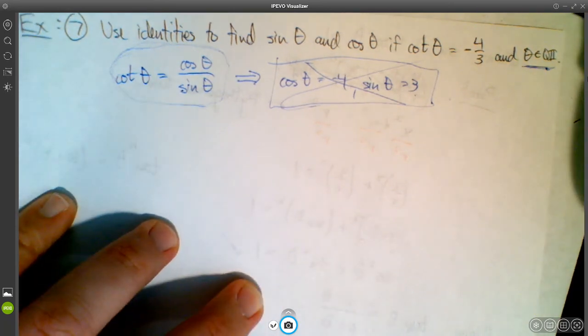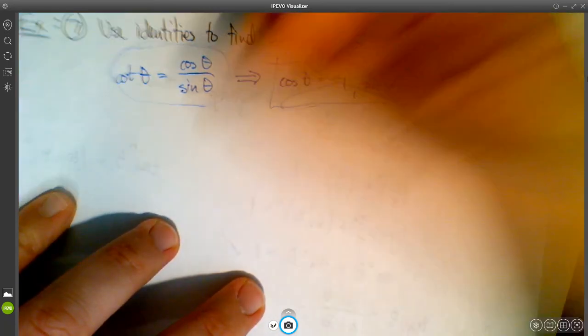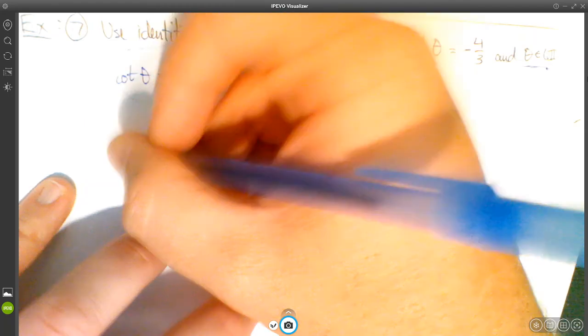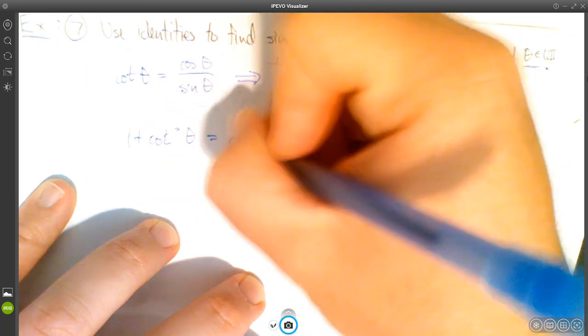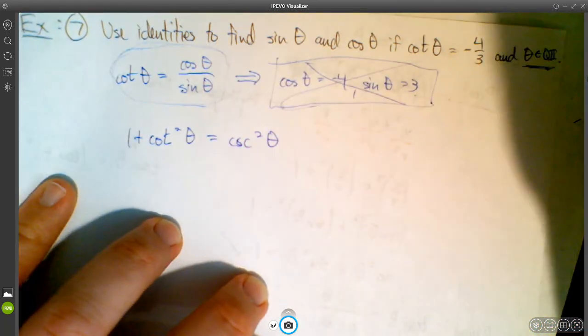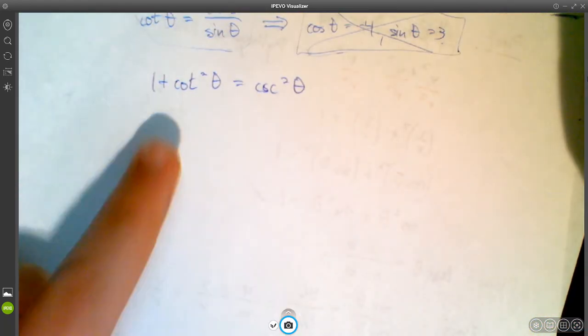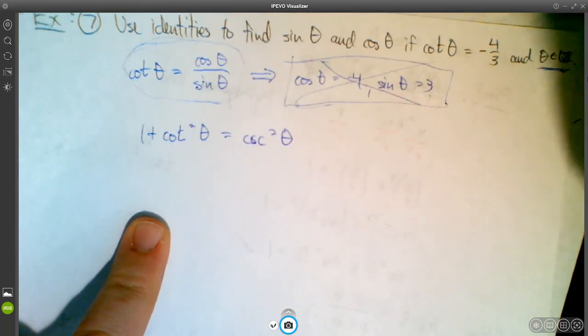But let's do this. 1 plus cotangent squared theta equals cosecant squared theta. That's that Pythagorean identity. We're given that cotangent theta is -4/3.